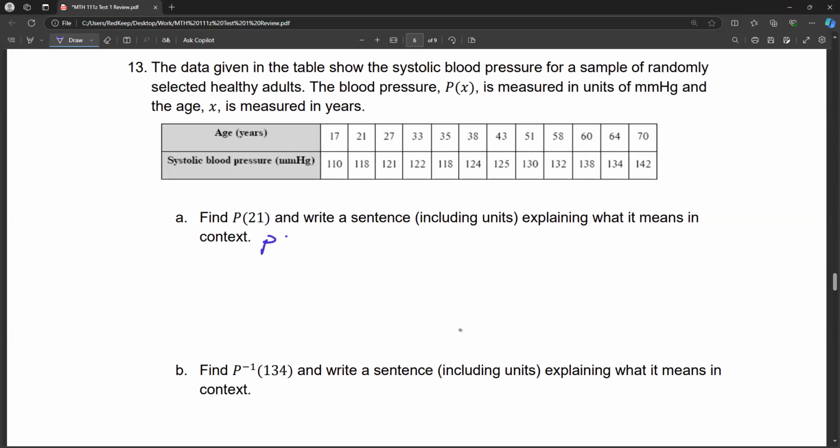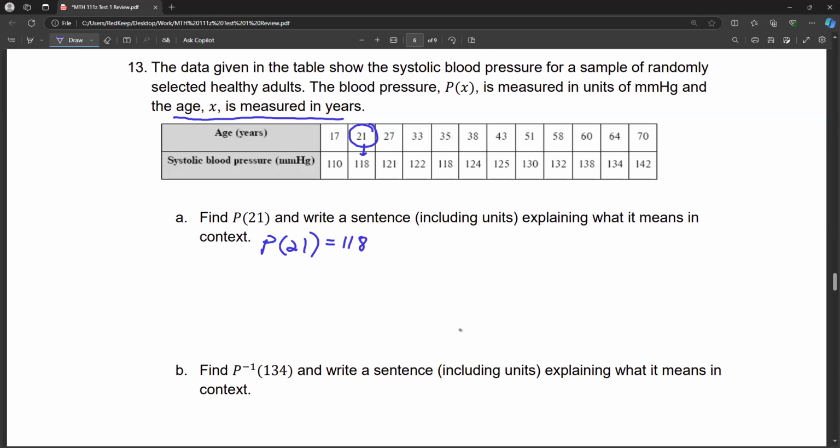So P of 21, what's the output? So X, remember, is the age measured in years. So we're going to go to 21 on our table for the age, right? And just look to see what the output is, right? The output is 118.